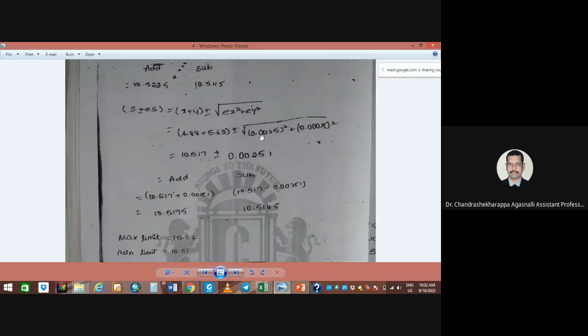But how about this? Can anyone check this value, whether it is correct or wrong?